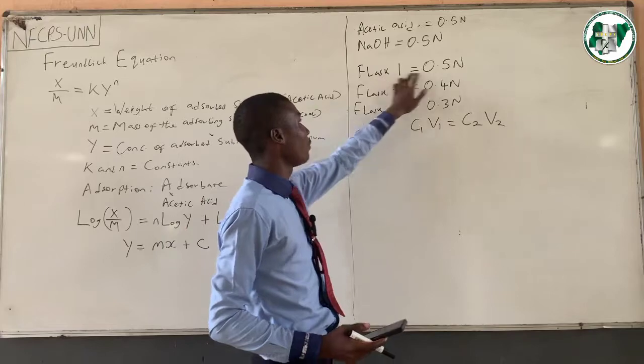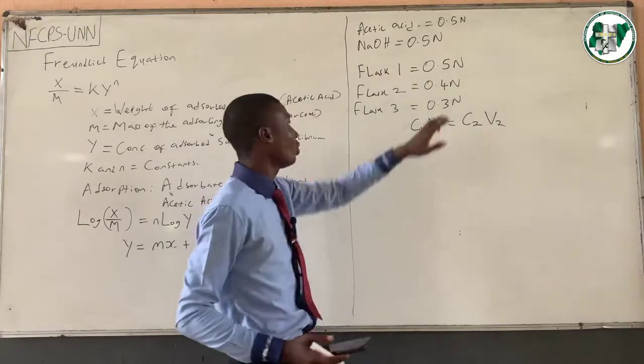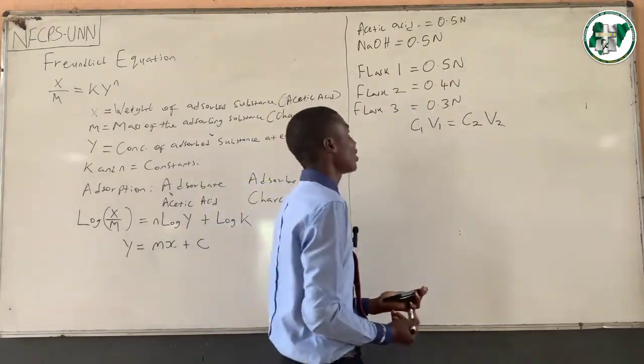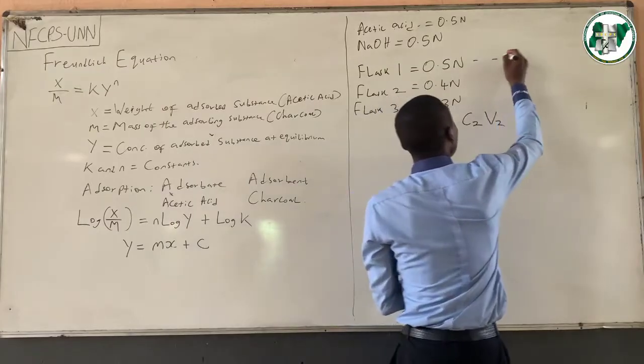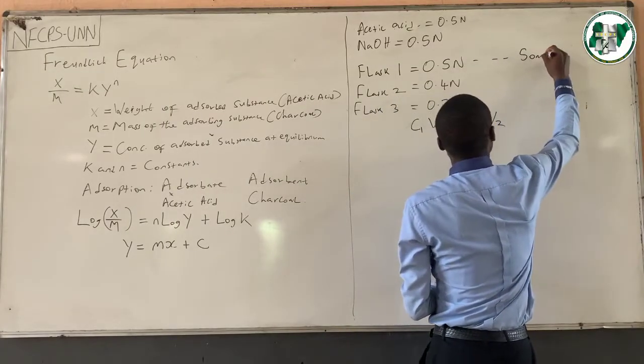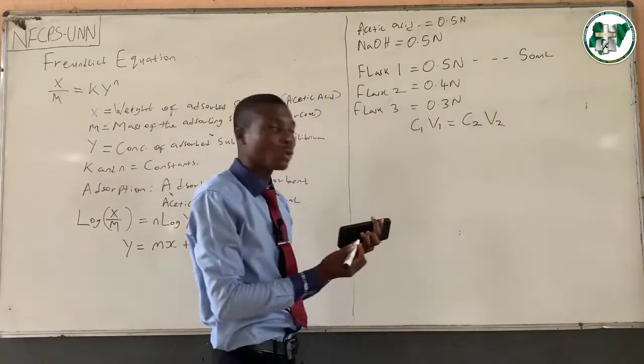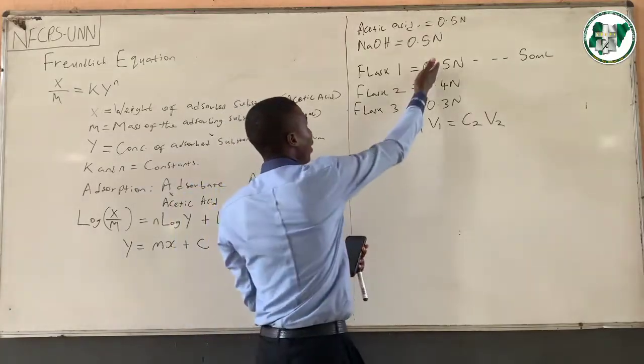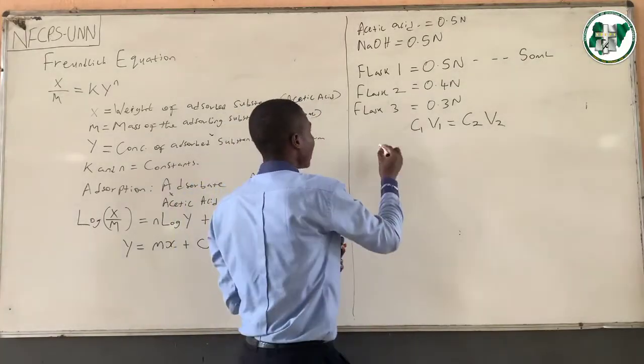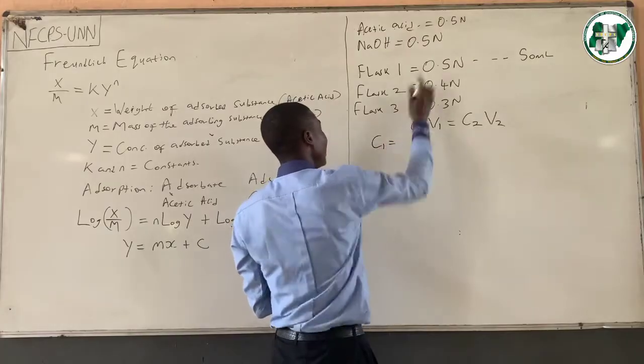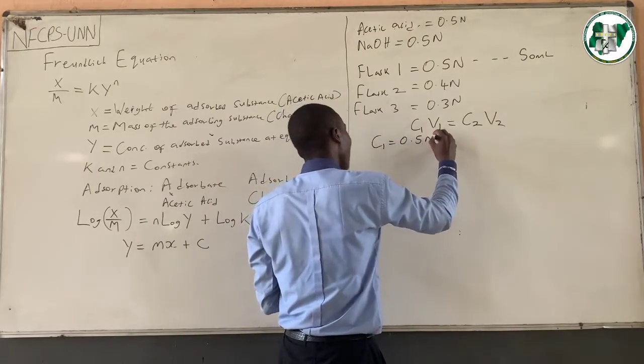So let us start with the first flask. The first flask is already a stock solution, so you are not diluting this. So you are just having the straight 50 ml of this in your flask. But for the second flask, how do we prepare it? We know that our original stock solution, the concentration C1, is 0.5 normal.